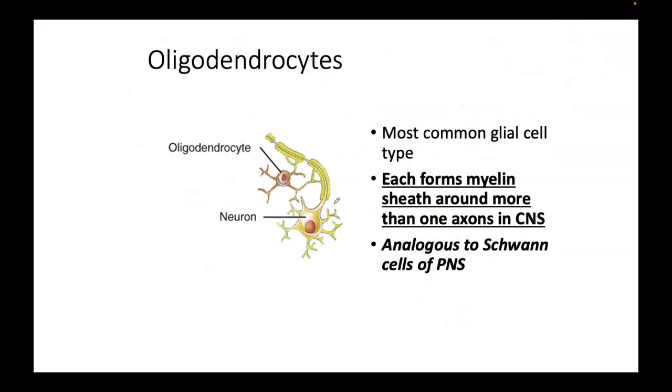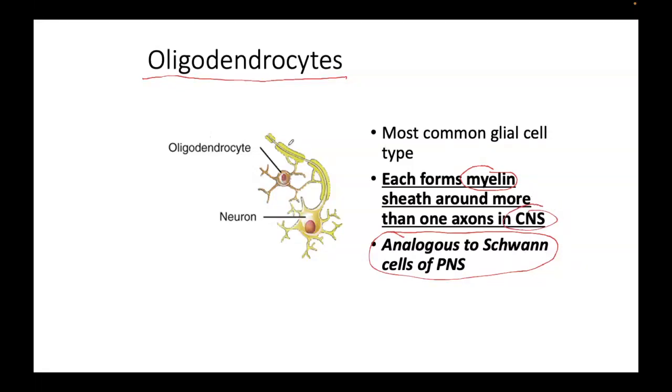The oligodendrocytes. Okay, we've seen the term, but we don't know what it is yet, and it is analogous to the Schwann cell. So remember, the Schwann cell myelinates in the peripheral neural system. Oligodendrocytes are going to myelinate or form myelin within the central neural system.